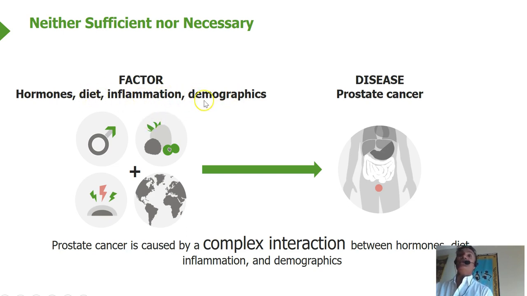So a combination of these factors can give you prostate cancer. No one of them is necessary, and no one of them is sufficient, but any combination of 2 or 3 or more can get you that disease. So anything involving a complex interaction describes the neither sufficient nor necessary relationship. Cool. So just get those 4 types of relationships straight in your mind.